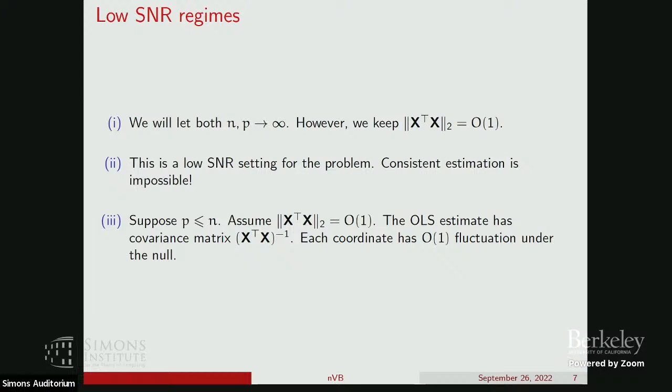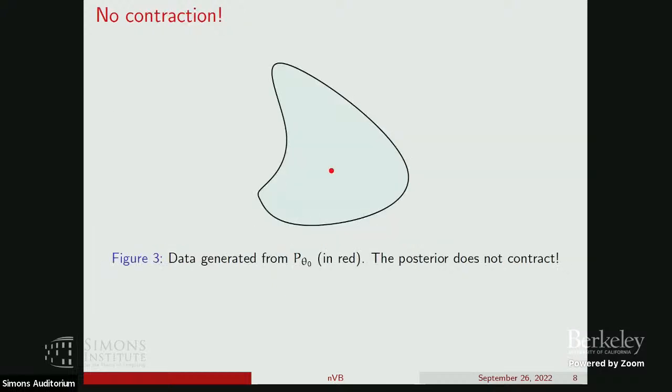And therefore, in this regime, you can't really recover your p-dimensional parameter consistently, but you can still carry out non-trivial inference. The schematic to think about is that you have your high dimensional parameter space, and you have some data generating mechanism, but when you construct your posterior, your probability distribution is diffuse over the entire parameter space.